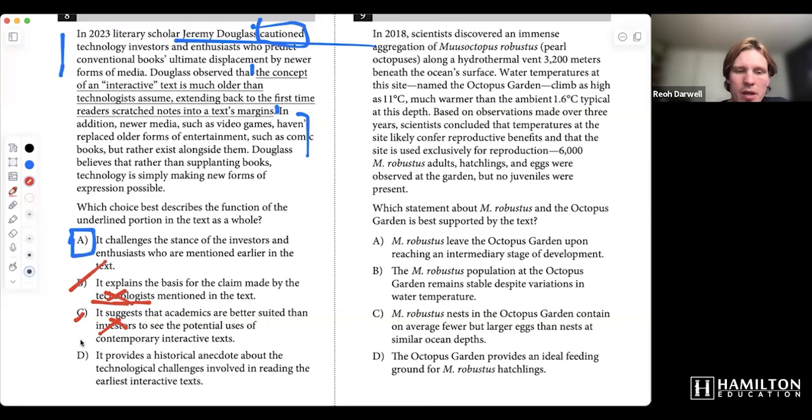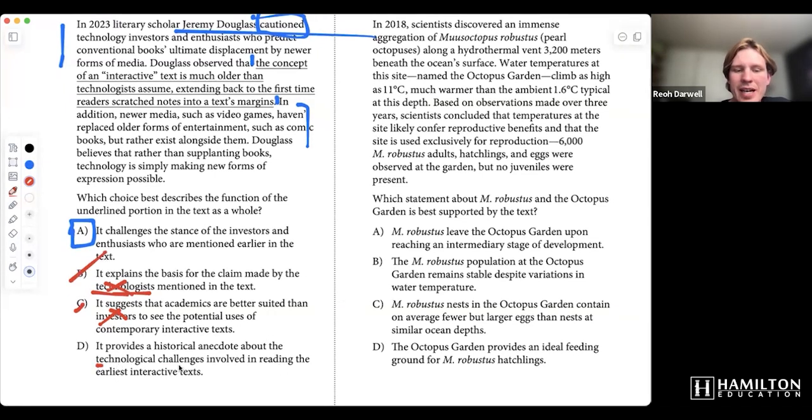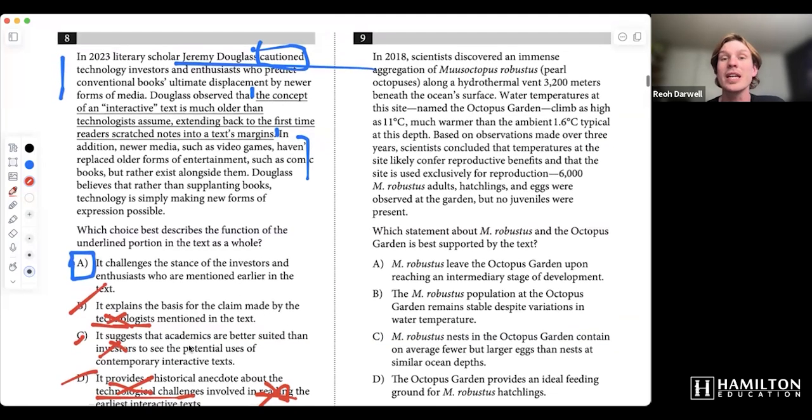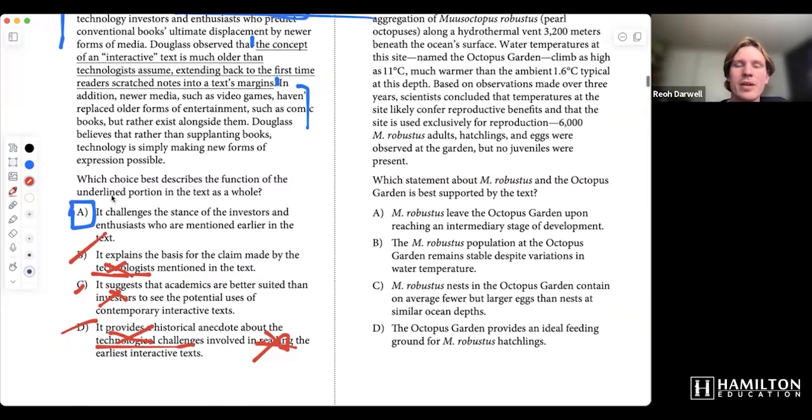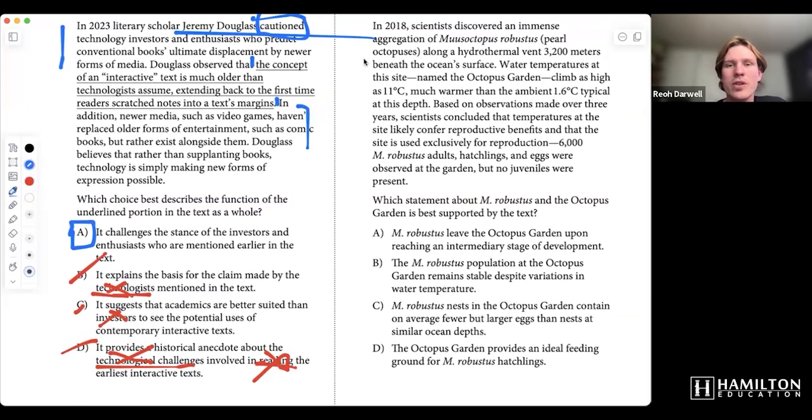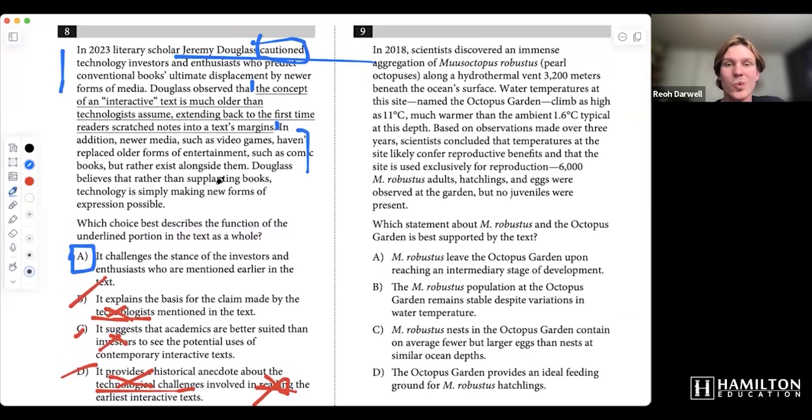No. And then, do we see a technological challenge in reading early interactive texts? No, right? It's maybe a technological advancement, but it's not a challenge presented in reading these texts. It's something we've always done. So remember, always look for what's wrong in answer choices to get rid of at least 3. And then you can proceed to finding which one is correct. In this case, A.